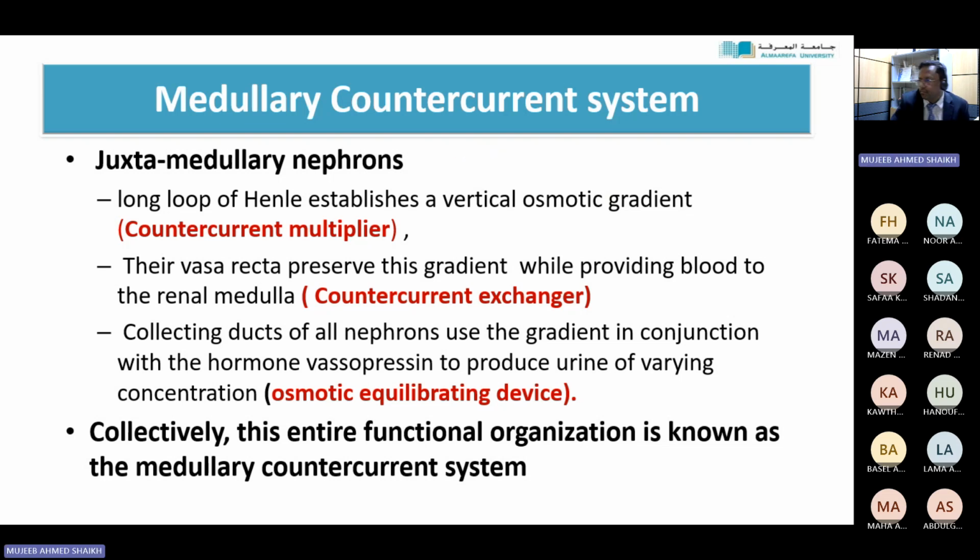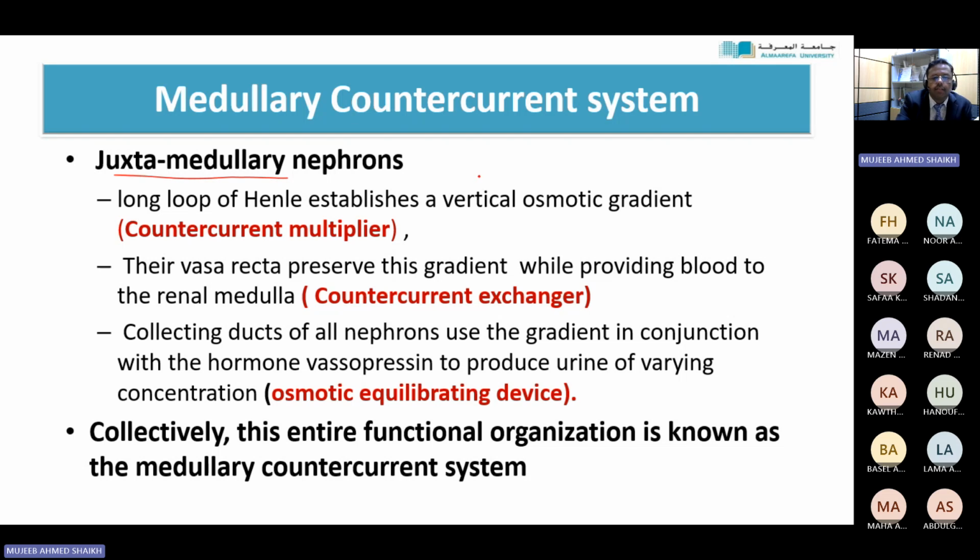One was cortical and the other juxtamedullary. One is the juxtamedullary nephron, lying deep, with the loop of Henle going deep into the medulla.